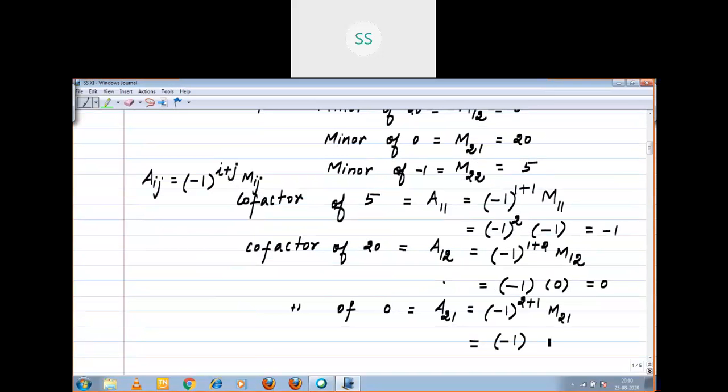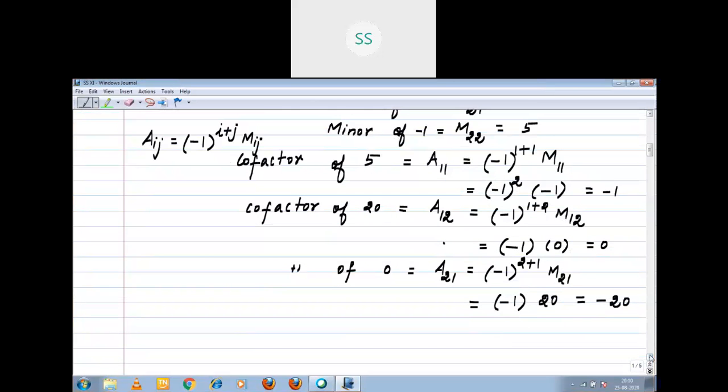M21 is 20, so your answer is minus 20. Next, cofactor of minus 1. Minus 1 is located in the second row, second column. So, minus 1 the whole power 2 plus 2, that is even, positive.